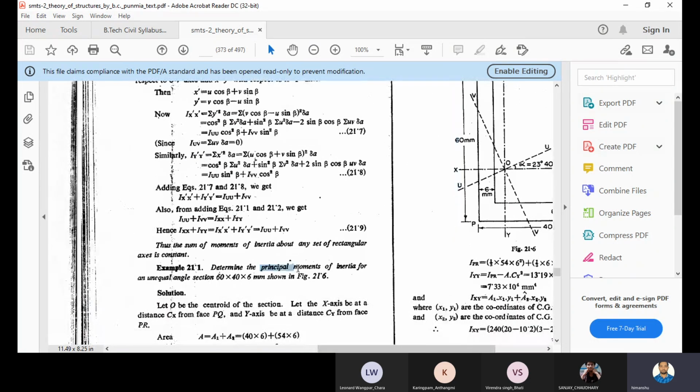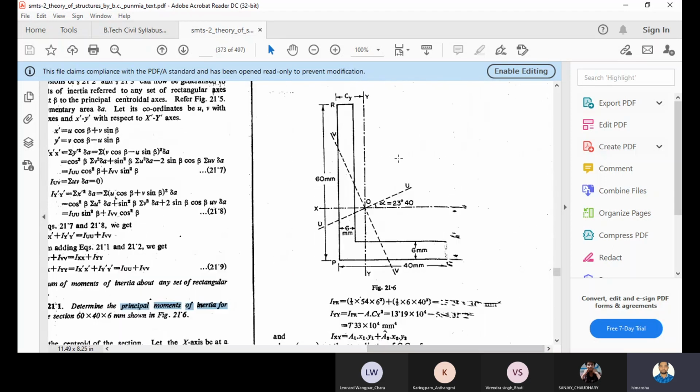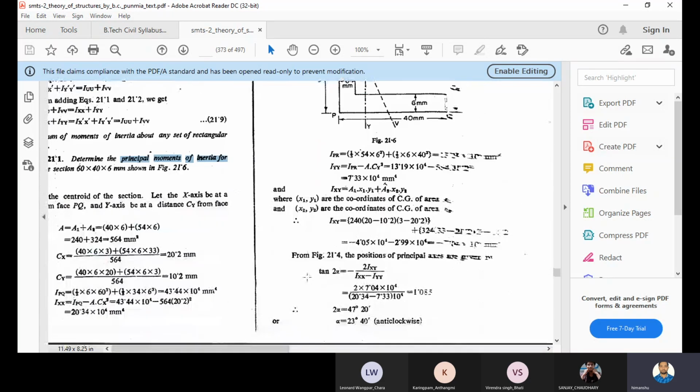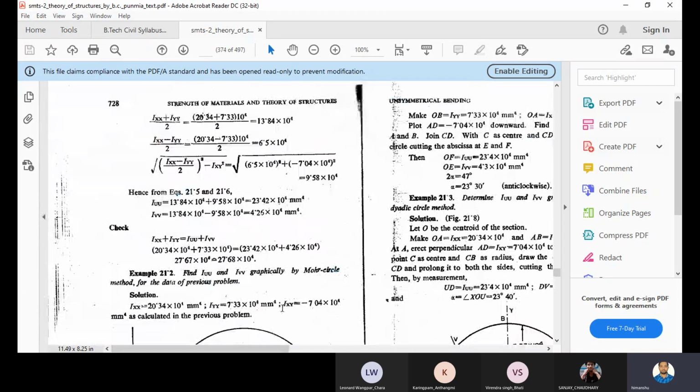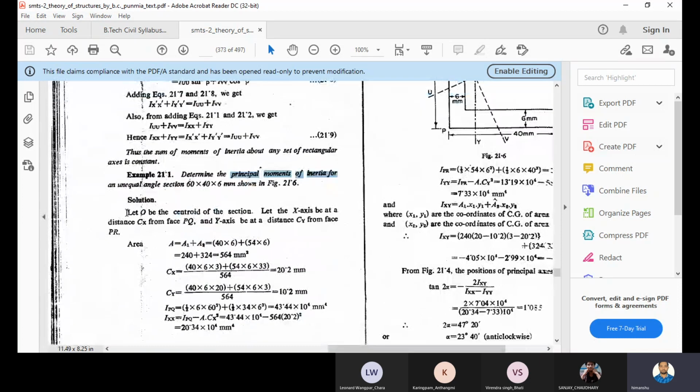We have to find out the principal moment of inertia. Okay. So first we have to assume that O is the centroid of the section, and x axis be at the distance cx from face, and y axis be at a distance cy.